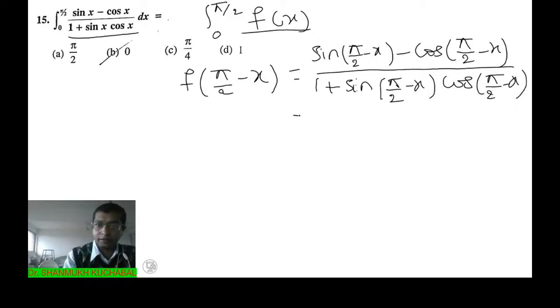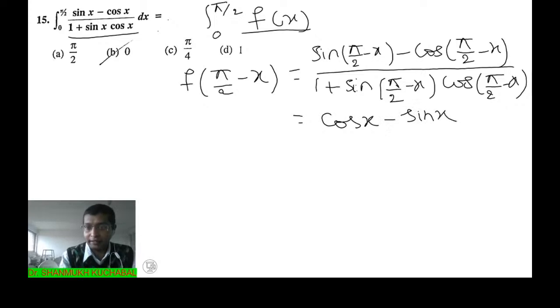Further, sin of pi by 2 minus x, using allied angles formula, is cos x, and here it is minus sin x, divided by 1 plus, using allied angles, cos x and here sin x.